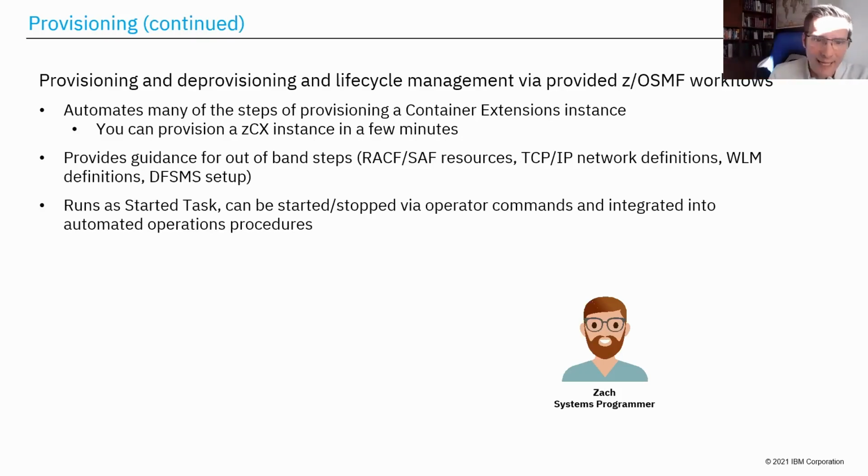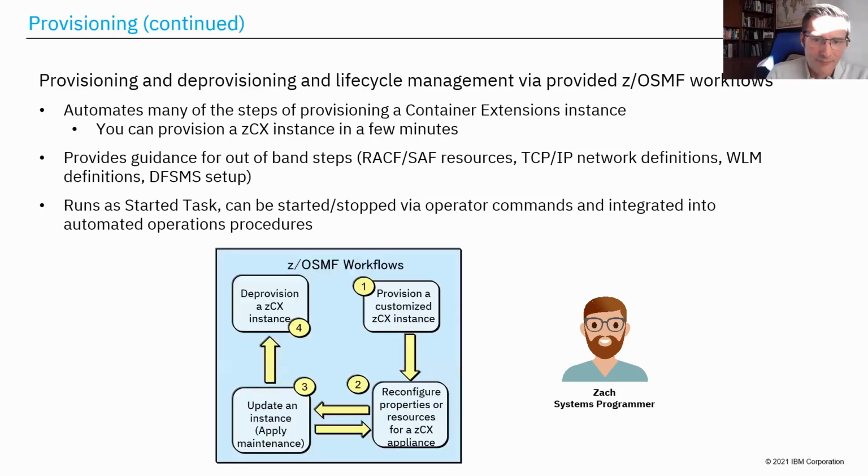You're going to fill in the blanks, and it even provides help and guidance for you to be able to understand what it's asking for. Once you've gone through the workflow, you can then start that started task up, and now you can do normal operations procedures for that particular started task.